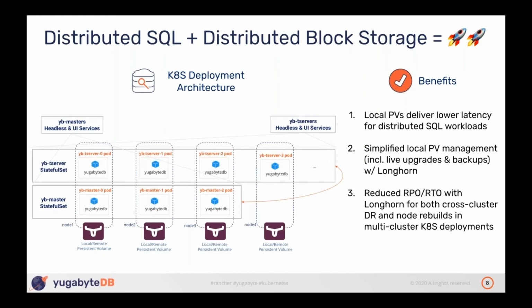For example, let's say my Kubernetes cluster altogether has gone into a disaster mode, and I need to recover from another cluster. That is a problem that Longhorn can easily solve, because it is very good at cross-cluster DR. That's number one. Secondly, it is also very good at doing node rebuilds in a multi-cluster environment. I was talking about geo-distributed deployments being a forte of the distributed SQL database, like YugabyteDB.